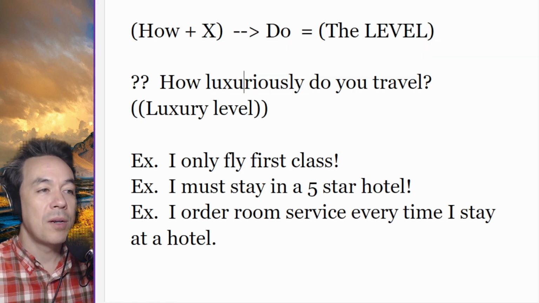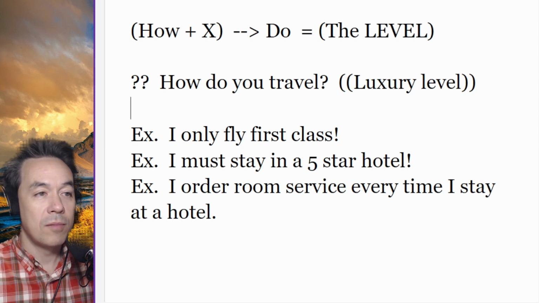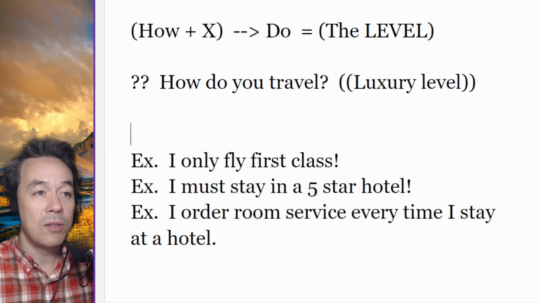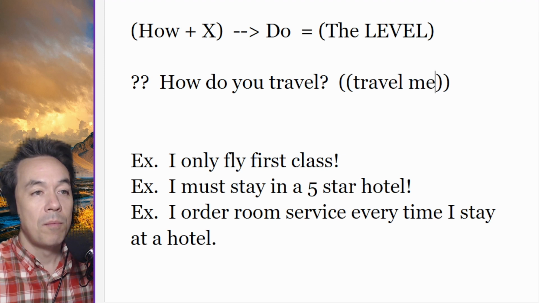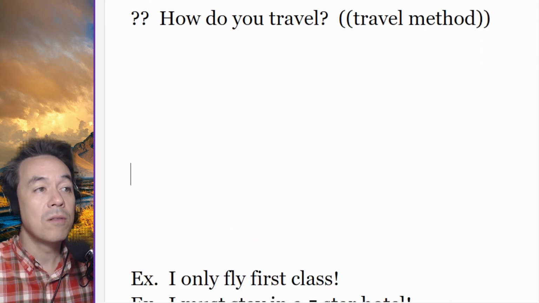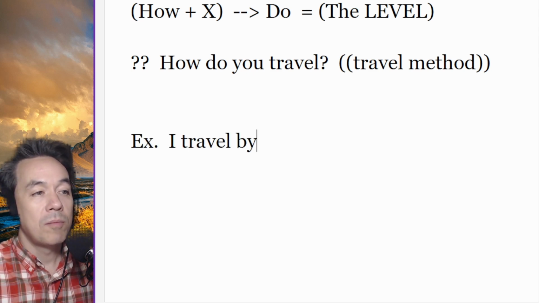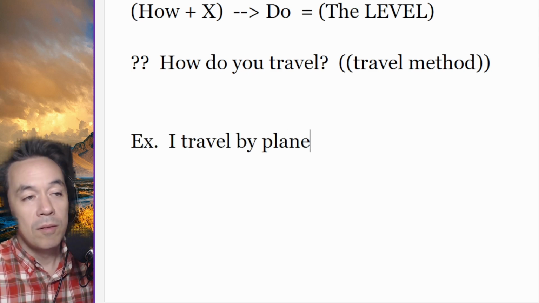So again, if this word's gone, how do you travel? Oh, that's what you're asking? Now what is your travel method? What's the travel way? So now it's totally different. I travel by plane.